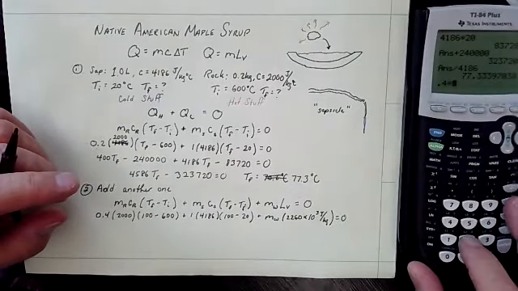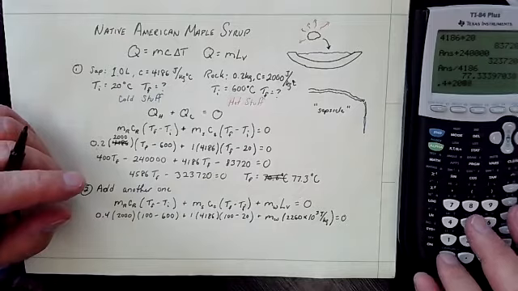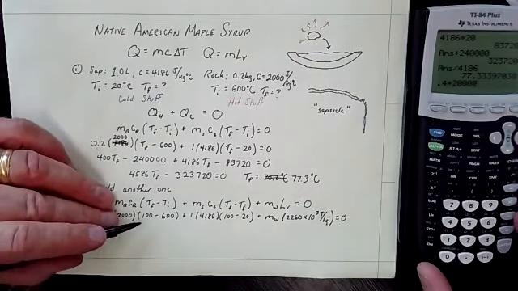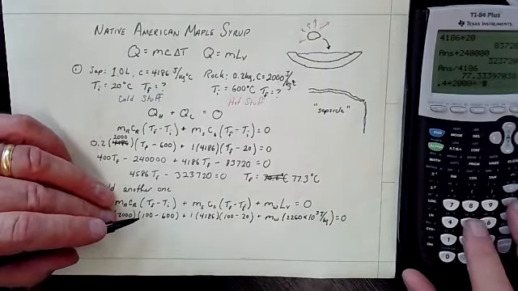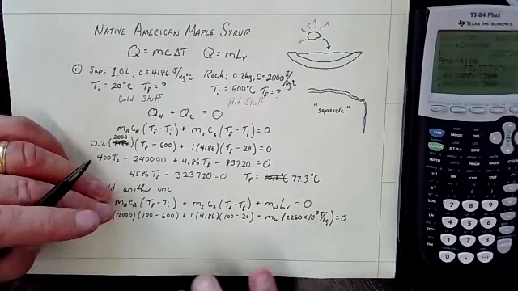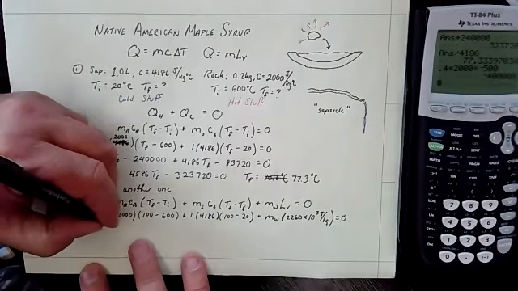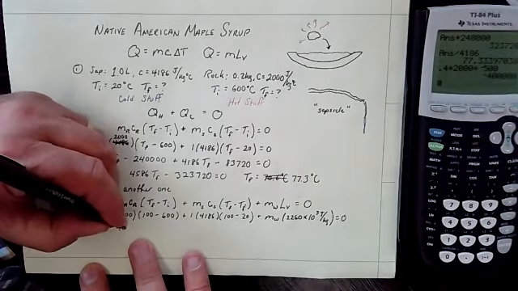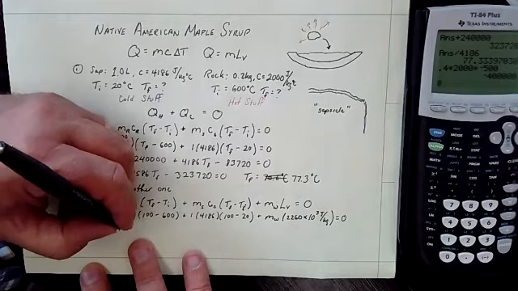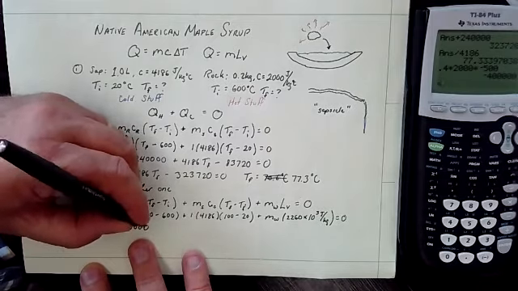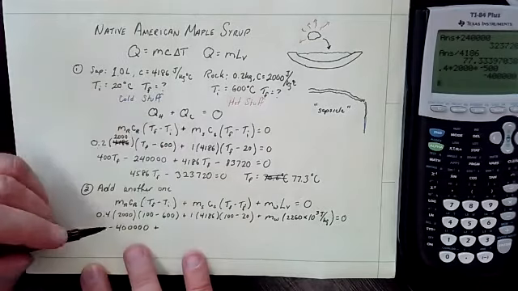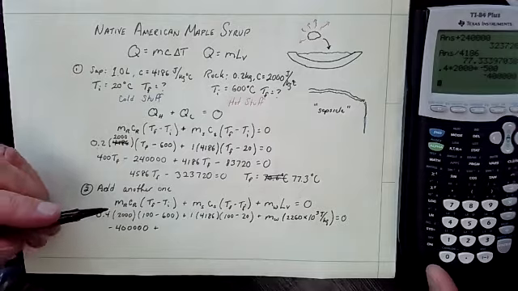Indeed, times 2000. And then times negative 500. Okay, so negative 4 and lots of zeros. Plus, and again, negative because the rocks lose heat.